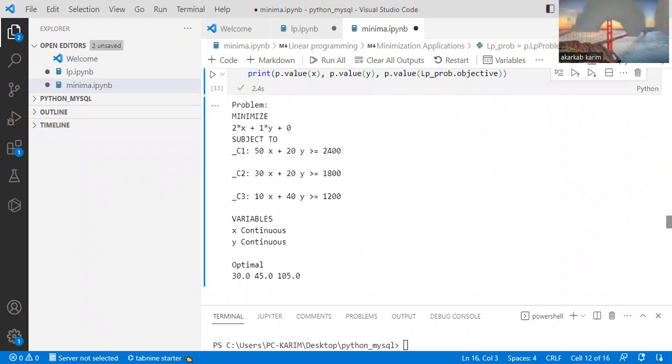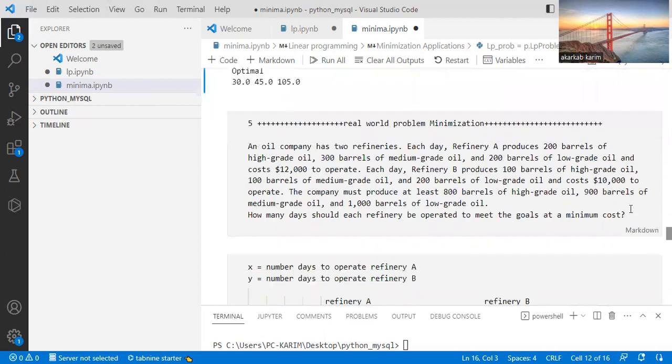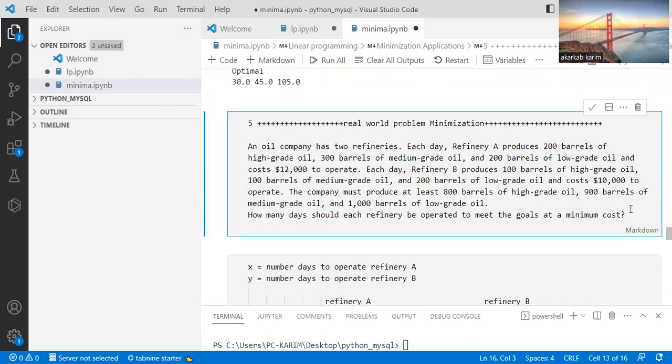Well, so let's continue with the last example. An oil company has two refineries. Each day, refinery A produces 200 barrels of high grade oil, 300 barrels of medium grade oil, and 200 barrels of low grade oil, and costs $12,000 to operate each day.